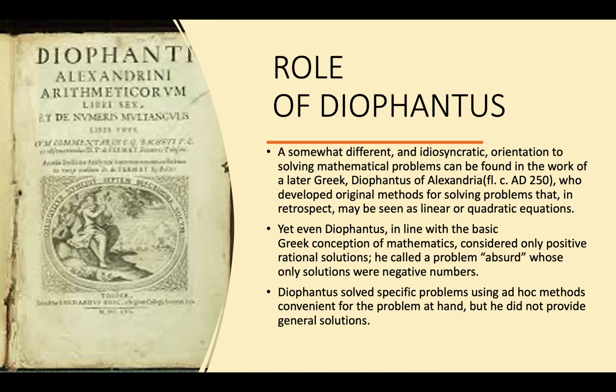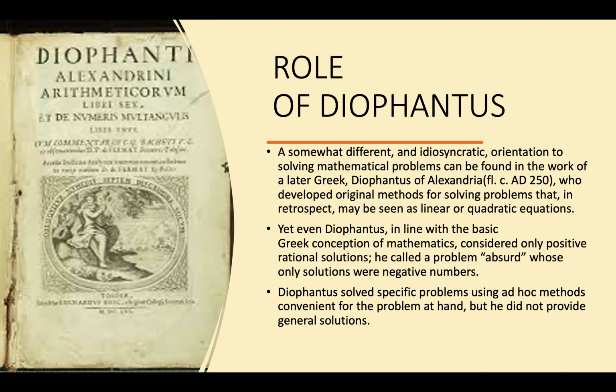Role of Diophantus in the development of algebra. A somewhat different and idiosyncratic orientation to solving mathematical problems can be found in the work of a later Greek, Diophantus of Alexandria, who developed original methods for solving problems that, in retrospect, may be seen as linear or quadratic equations.